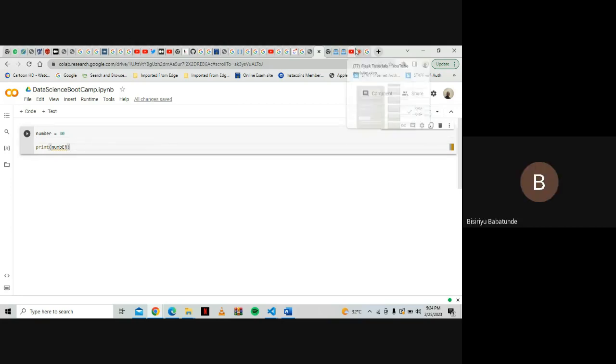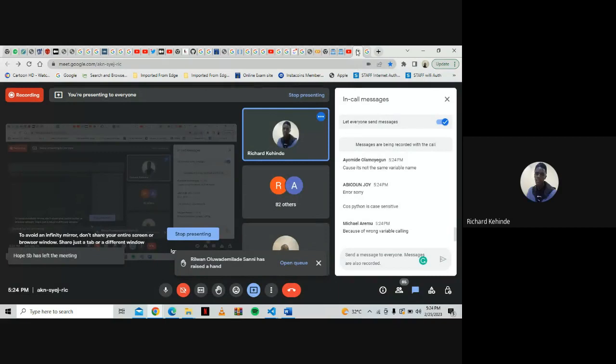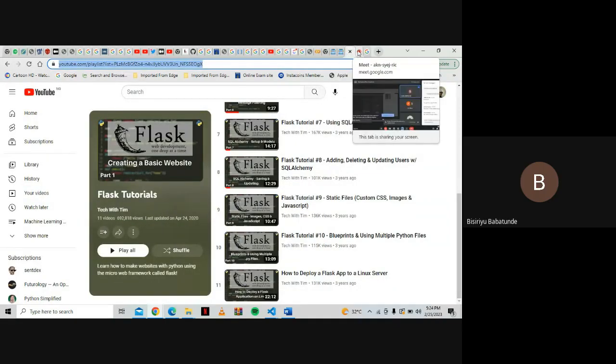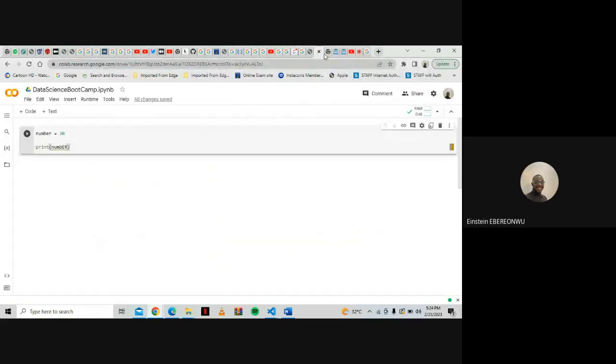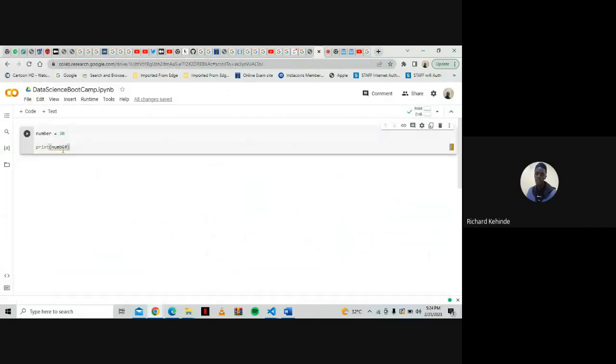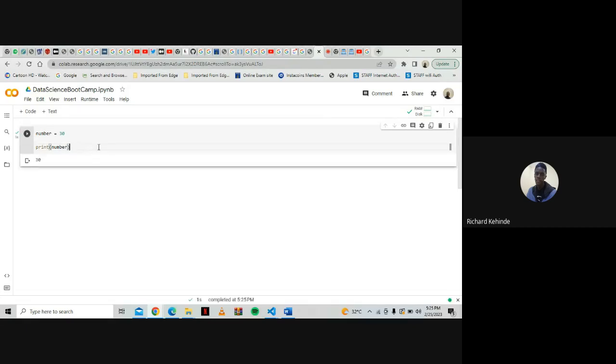Looking at the code, what's wrong with it? The variable declared was in lowercase, but the one you called in the print function has uppercase in it. So you have a type error there. Or is it a name error? Exactly.